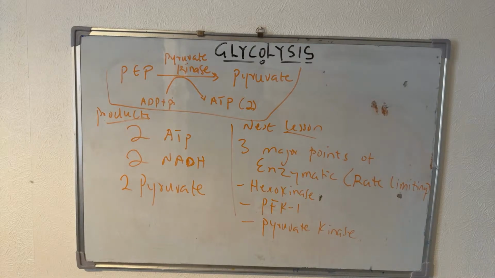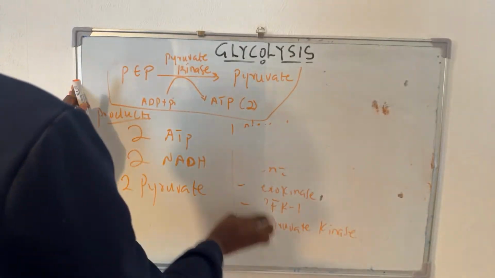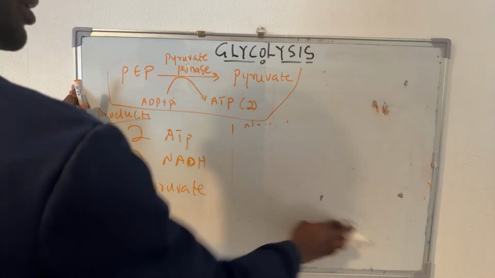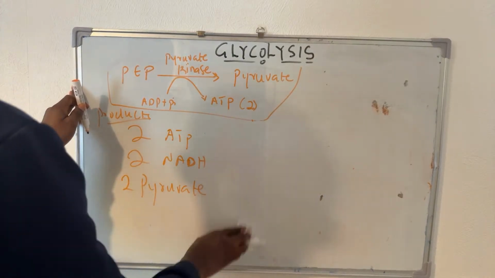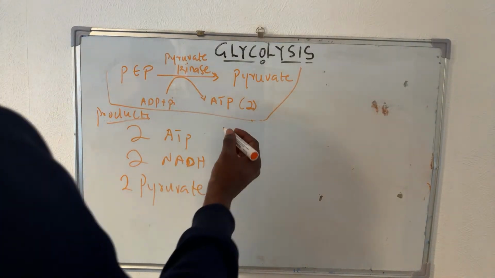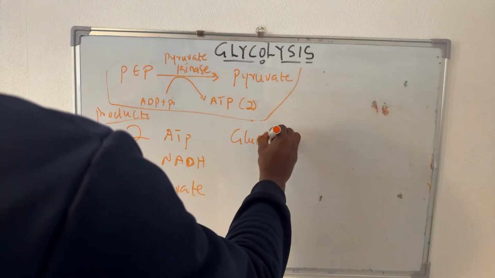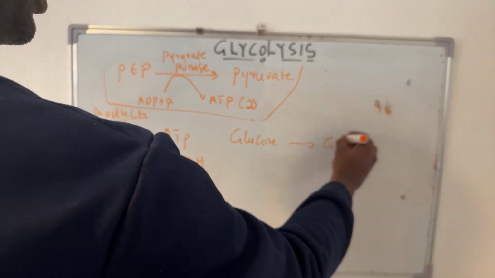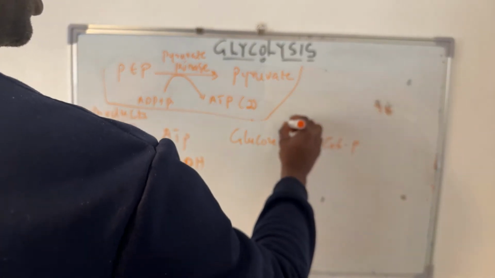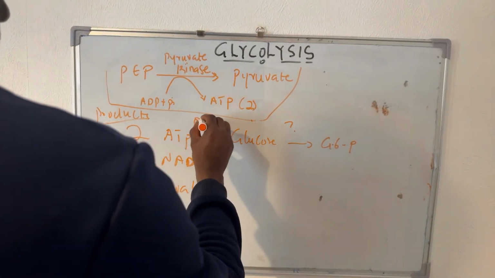All right. You can have a go and try to see if you can remember the different intermediates. I'm going to set a question. What is the name of the enzyme that converts glucose to G6P? That's question 1.